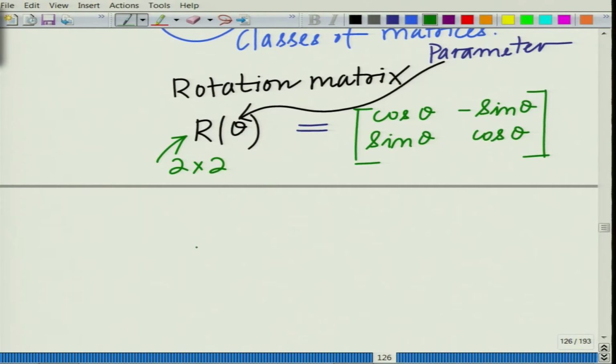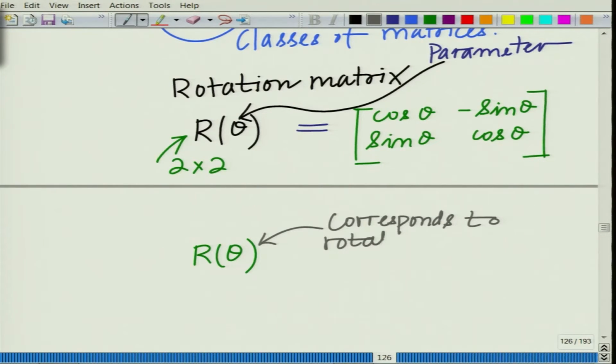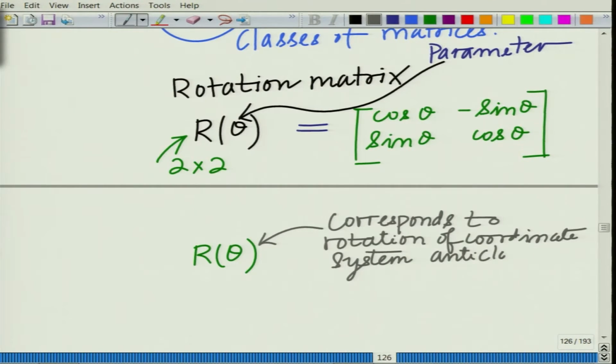This R of theta, you can show, corresponds to rotation of the coordinate system anti-clockwise by theta.